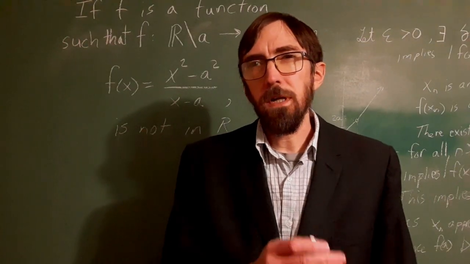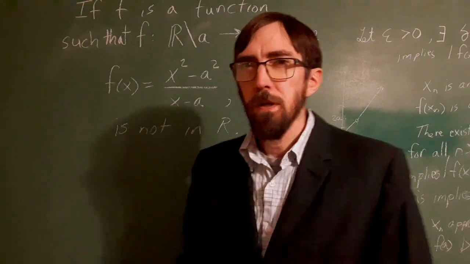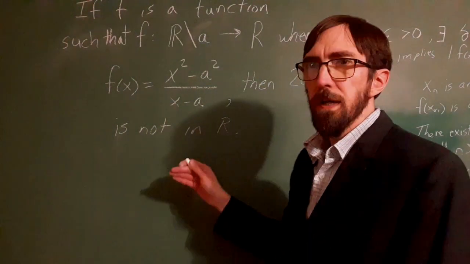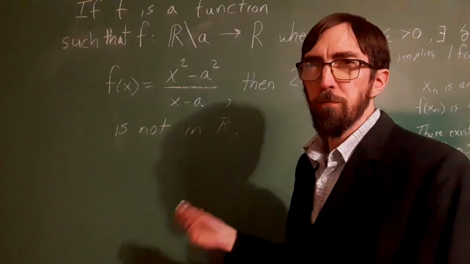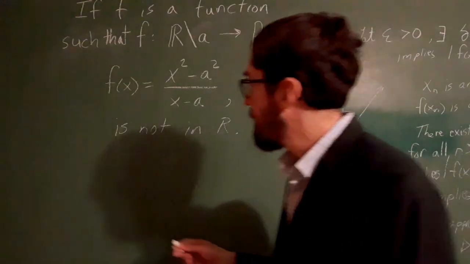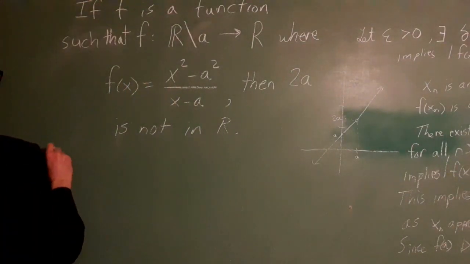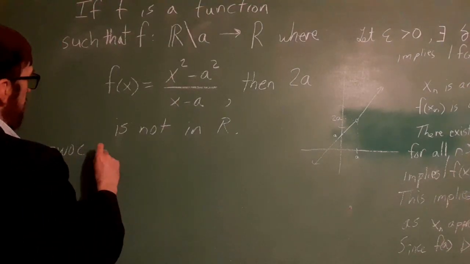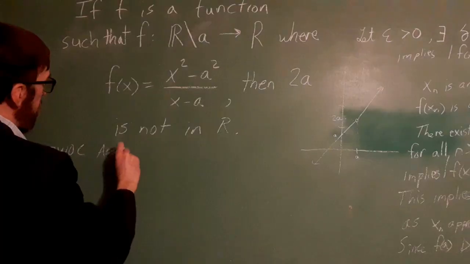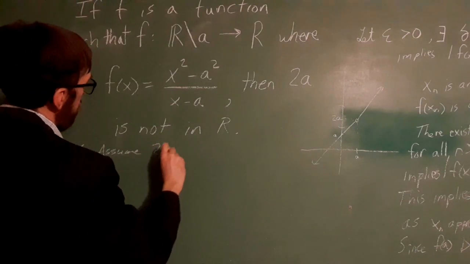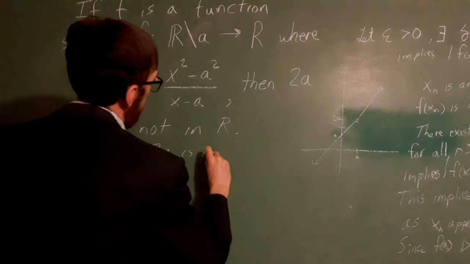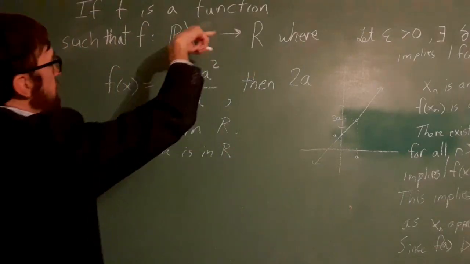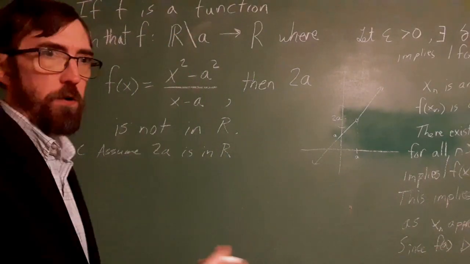Now that we've looked at a more rigorous approach to this, we are going to come back here and do a proof by contradiction. So right away, we're just going to declare, by way of contradiction, assume 2a is in R, which is the range of this function which we've already defined.